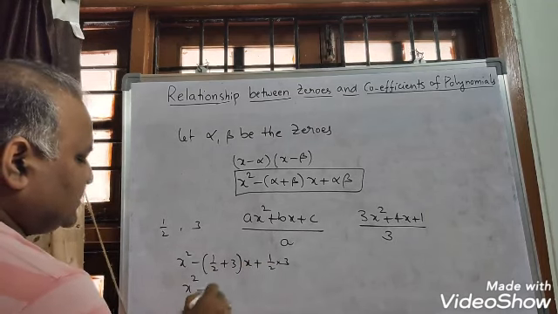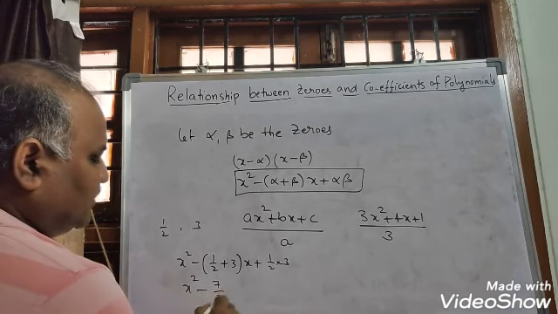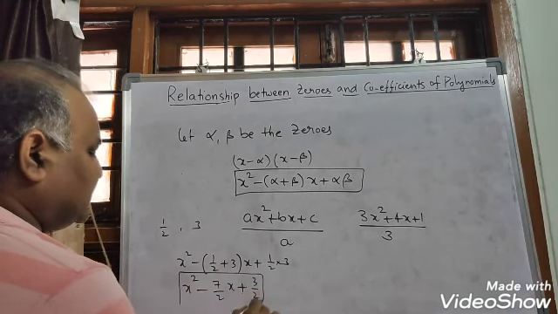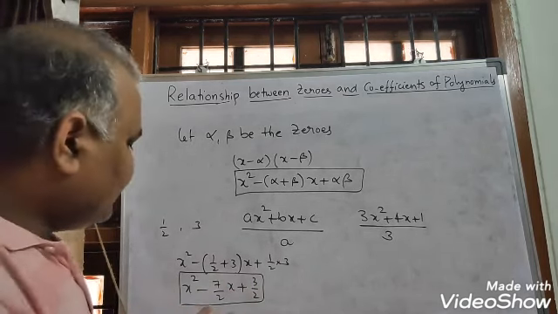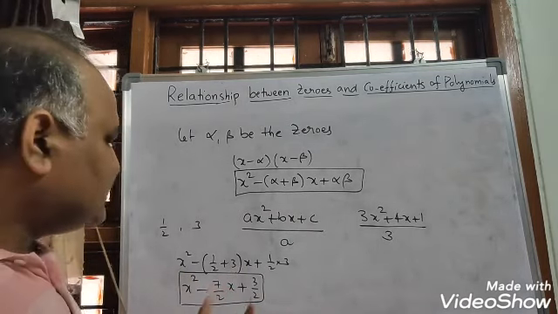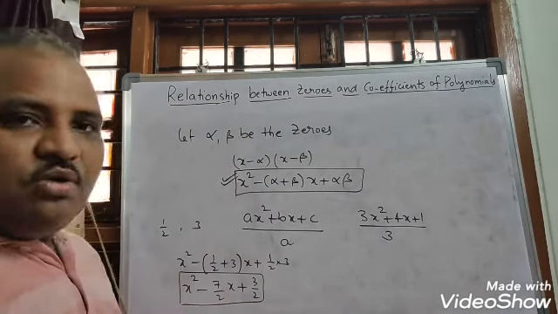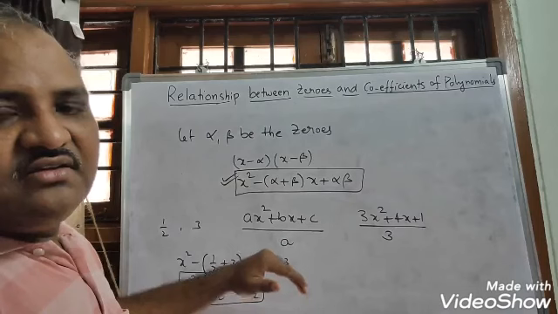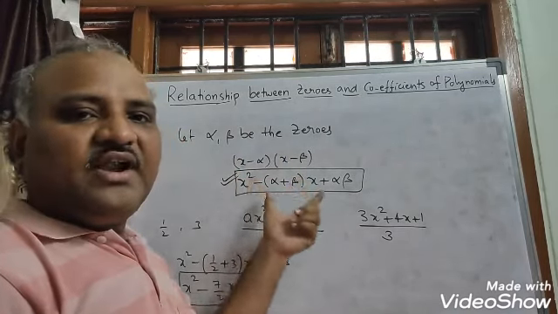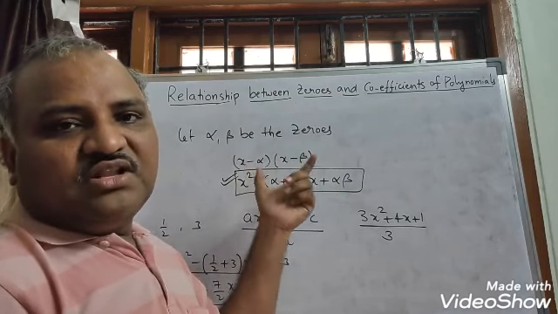So this is x square minus 7 by 2 into x plus 3 by 2. Like this, if we stop without taking LCM, we can have the answer as a monic polynomial also. So this is the formula to find a polynomial when zeros are given. If alpha, beta zeros are given, this is the formula to find the polynomial. Let us practice some problems based on this formula also.